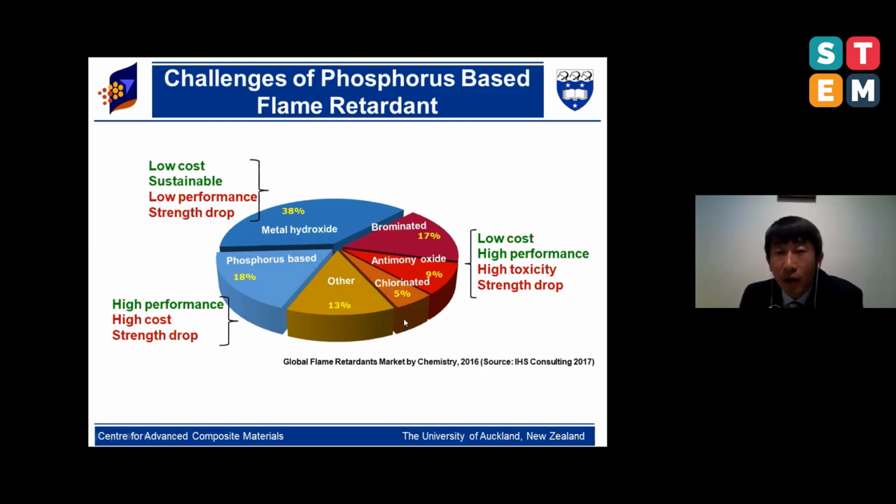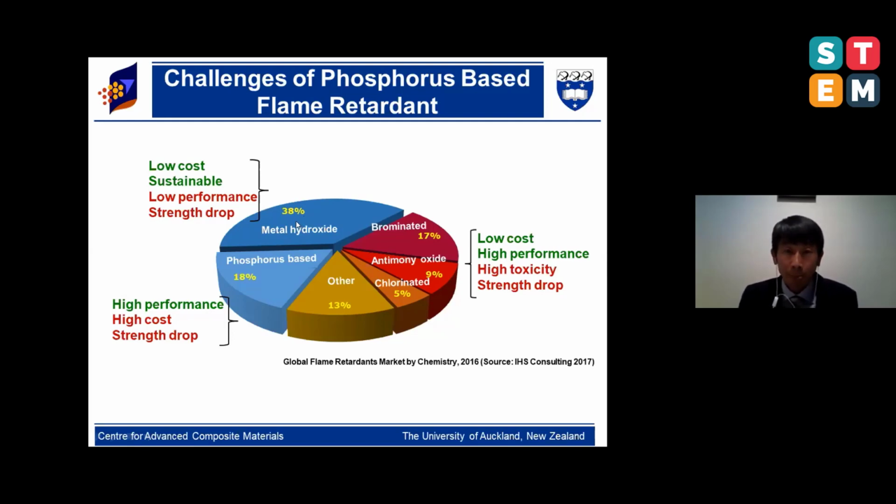The halogenated flame retardant is conventionally used and still occupies about one third of the market. However, the halogenated flame retardant is being phased out these days, so metal hydroxide and phosphorus-based flame retardants are emerging now. Metal hydroxide is sustainable and has low cost.